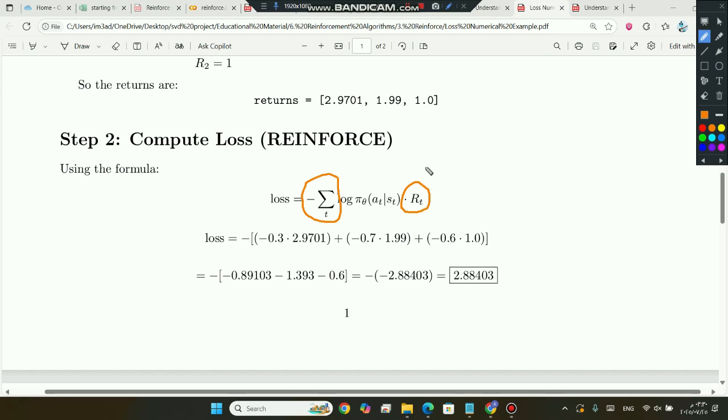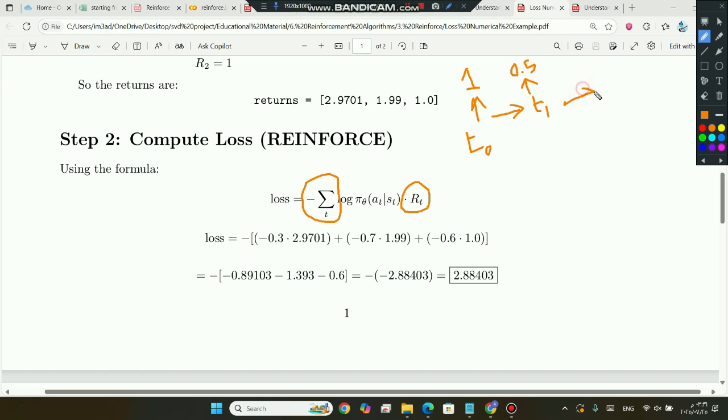So let's assume that we are right now at time zero, okay? And we have taken a certain action, and that has generated a reward of one, for example. And then at time one, we have taken another action, and it has generated, for example, a reward of 0.5.